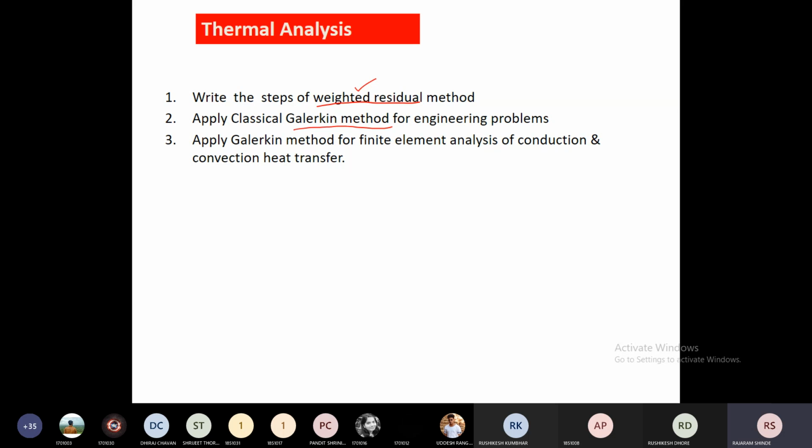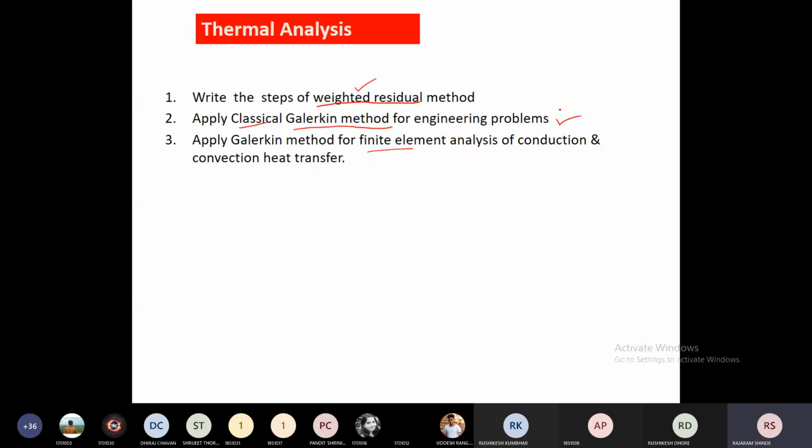Now, in the Galerkin method there are two approaches. One is the classical approach, and the other is the approach we use for formulation of finite element analysis. Initially, I will start with the classical approach. I will take some applications and show you how to solve them using the classical Galerkin method.